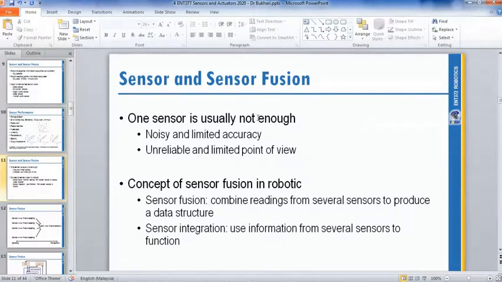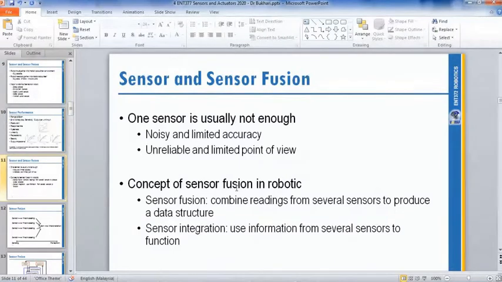One sensor is usually not enough: noisy, limited accuracy, unreliable, and limited point of view. For example, if you have only one sensor, there is a high possibility of making a wrong decision. The robot will make a wrong decision. So you need more than one sensor.